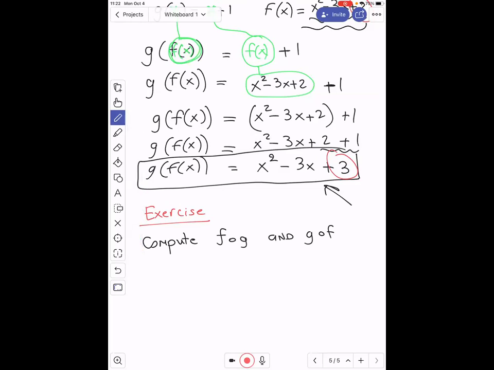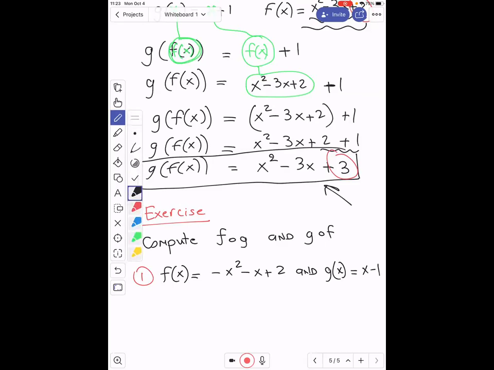So let's see. Number one, f is minus x squared minus x plus 2, and g of x is actually x minus 1.